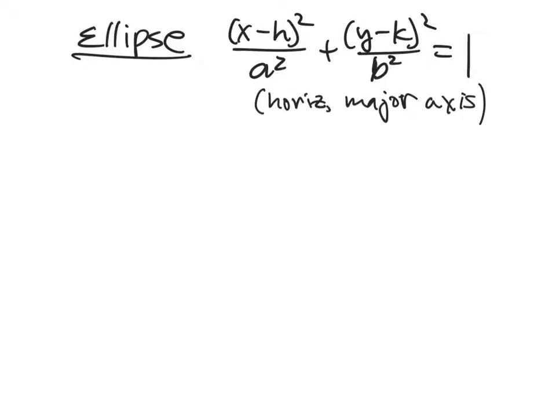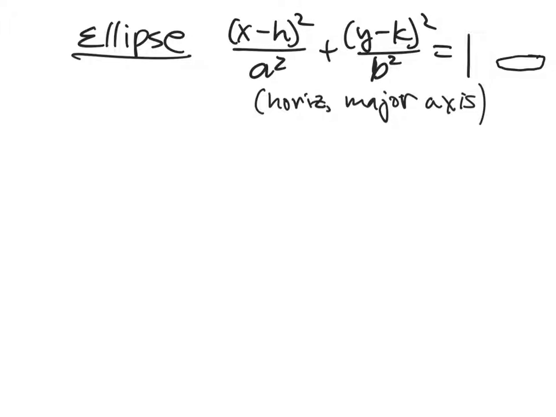Okay, for the ellipse, we'll have this equation, and this will give us a horizontal major axis. The ellipse will be like that. And we know that because of what?